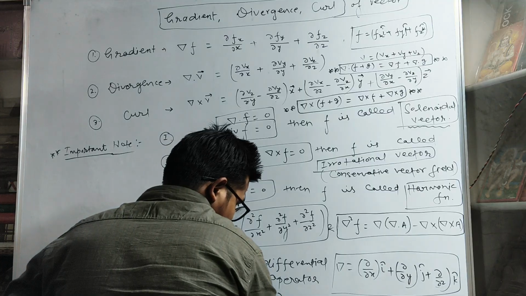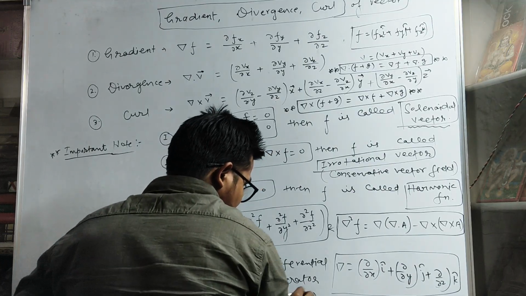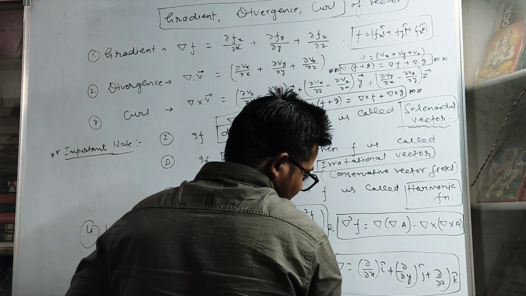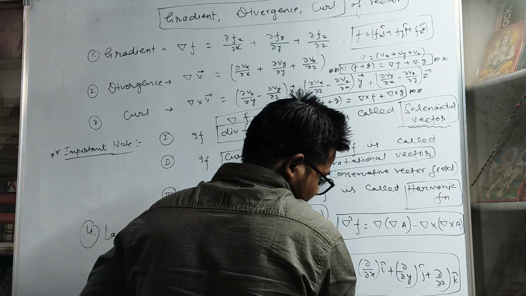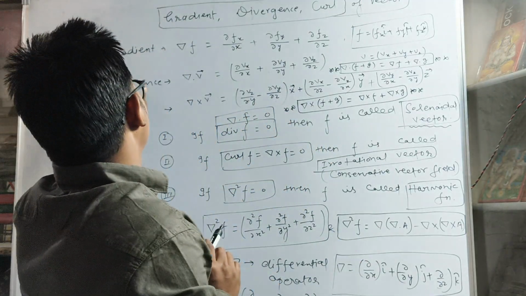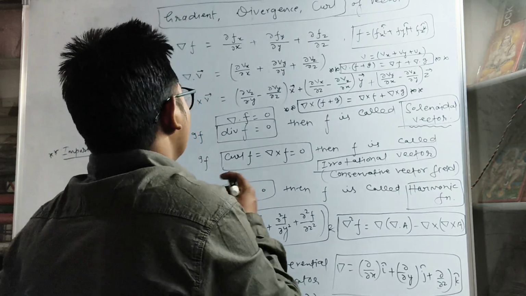Del x, del y and del z are what? Partial derivatives with respect to x, y and z axis. So if we talk about gradient, gradient is simply the del of f.